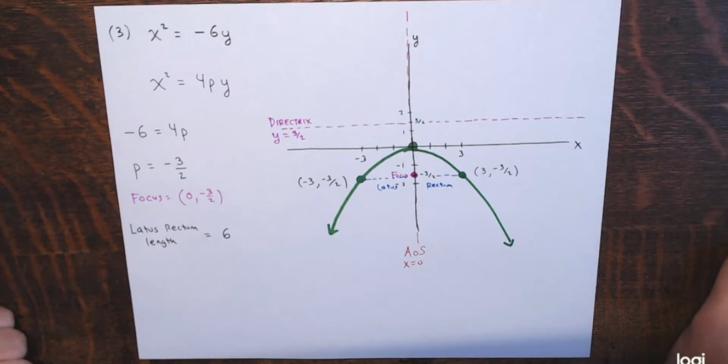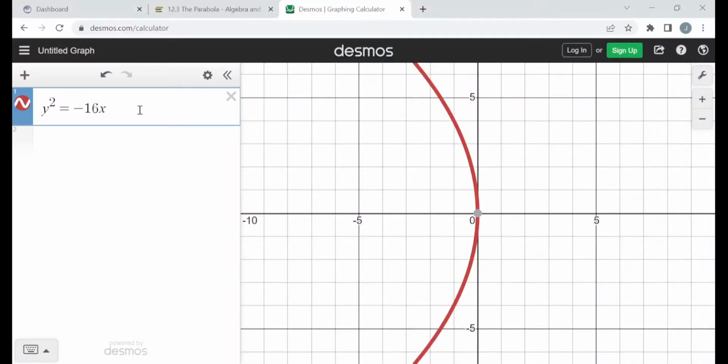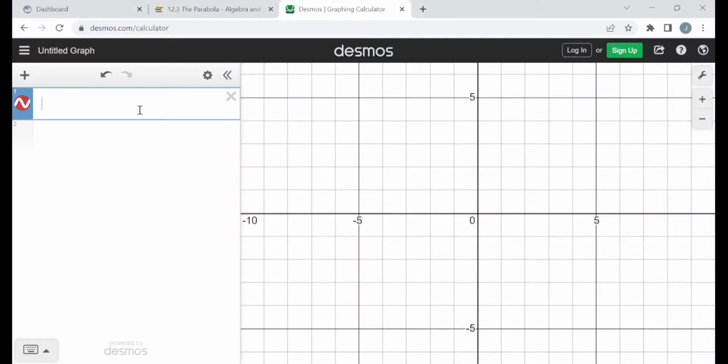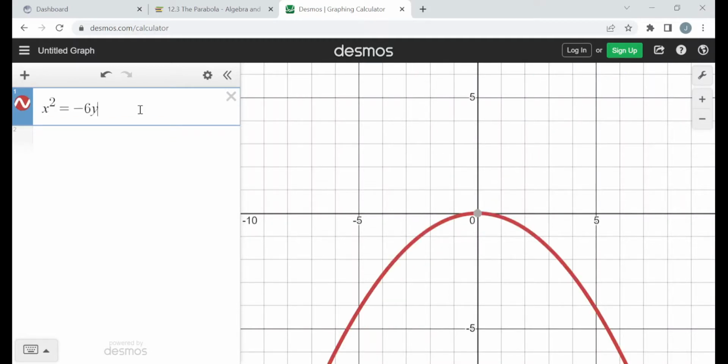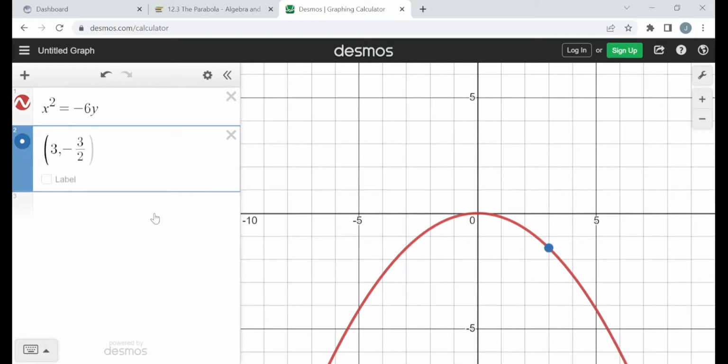All right, then back on the Desmos site, just to check this out, I'm going to put the equation we were given. X squared equals -6y. See this parabola opening down, clearly vertex at the origin. And then I'll put those endpoints of the latus rectum in. All right, we had 3, comma, -3 halves. And you see that blue point that just showed up.